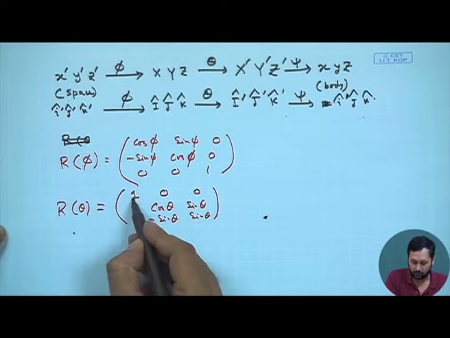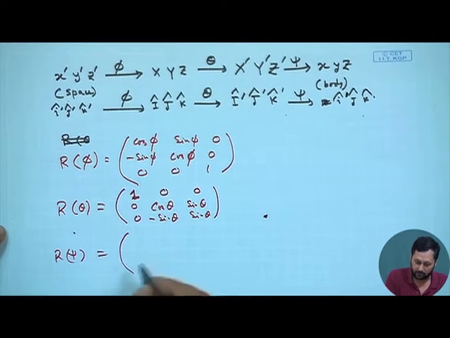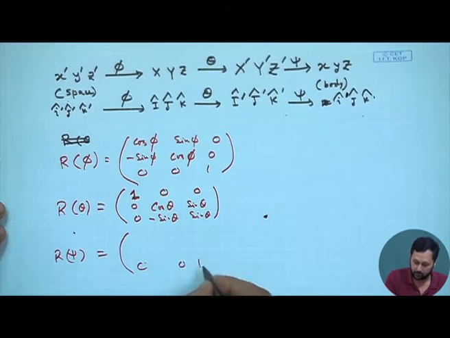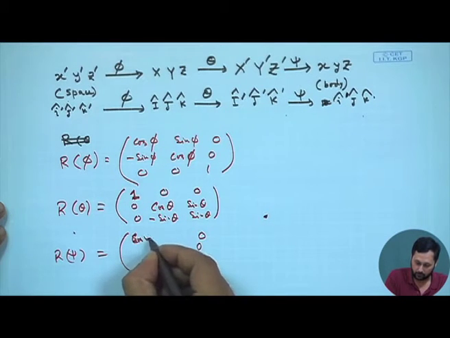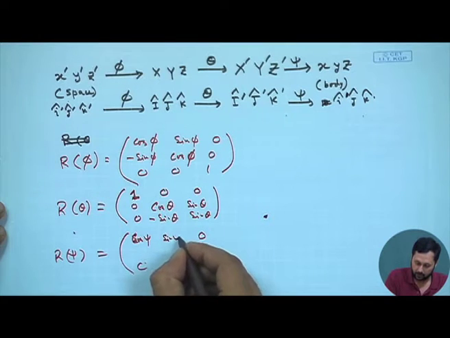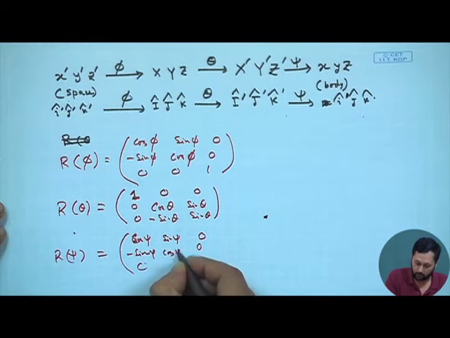So, for the second rotation, x is invariant, and for the third rotation, R psi, which is once again around the z axis, we will have cos psi, sin psi, minus sin psi, cos psi.